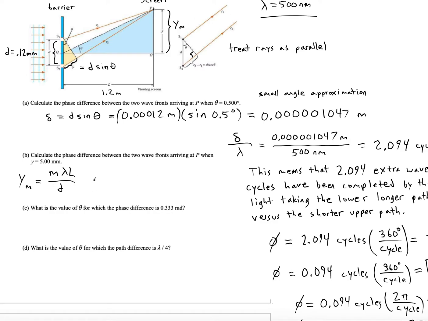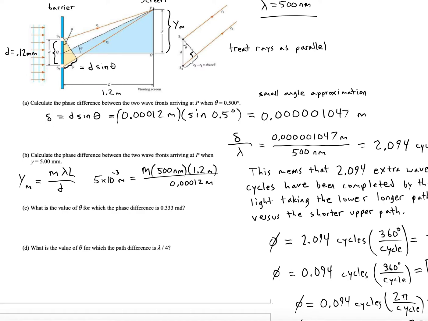So we'll do 5 times 10 to the minus 3 meters equals m times 500 nanometers times our distance to the screen, divide by our slit separation, and we want to solve for m.